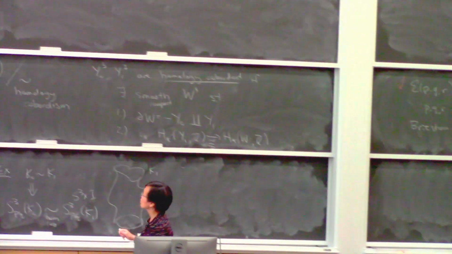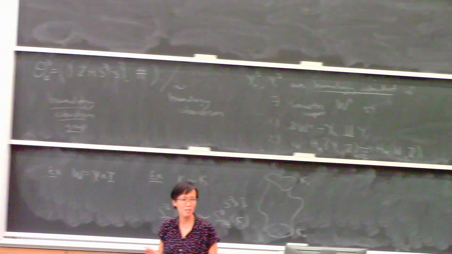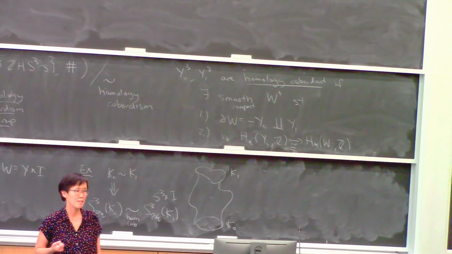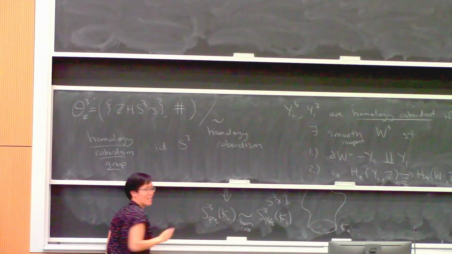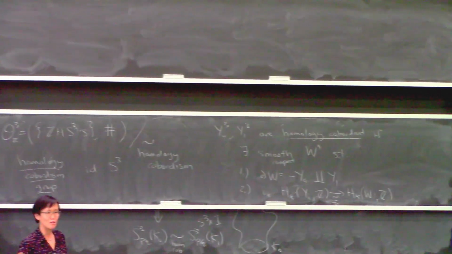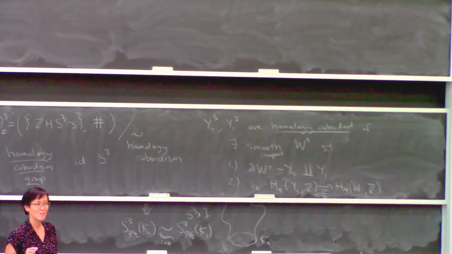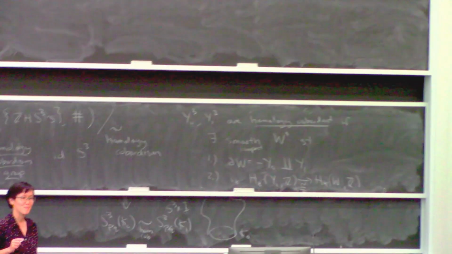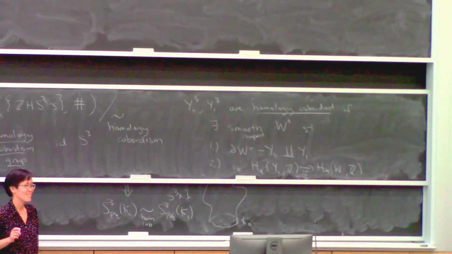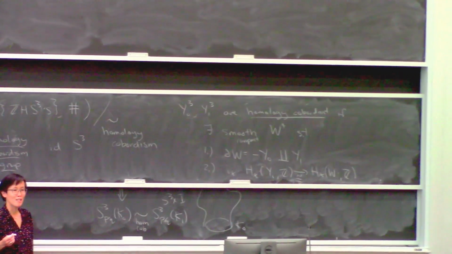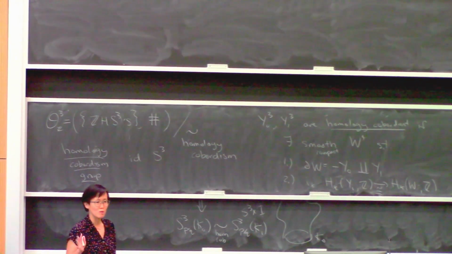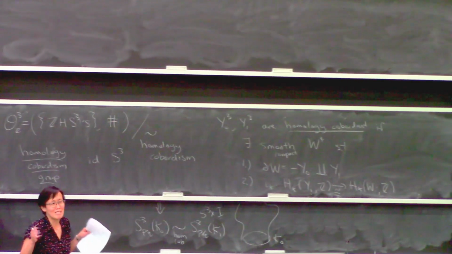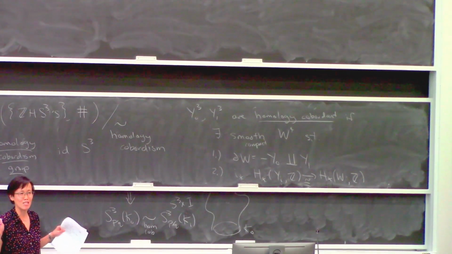I guess, wait, so what's the identity in this group? S^3, yes, the identity is S^3. Can people make an educated guess as to what the inverse of Y is? Think about, for a knot, we took the mirror of it, which was like reversing the orientation on our knot.